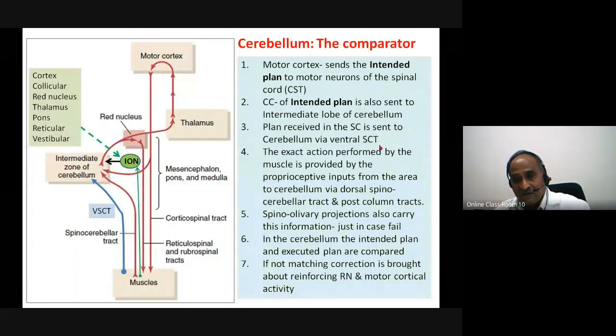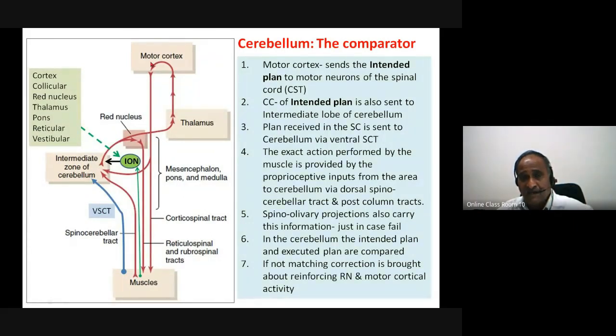So the plan received in the spinal cord is sent to the cerebellum through the ventral spinocerebellar tract. This is because whatever is received here is just sent as collaterals, and through the ventral spinocerebellar tract, again it is given to the intermediate zone.